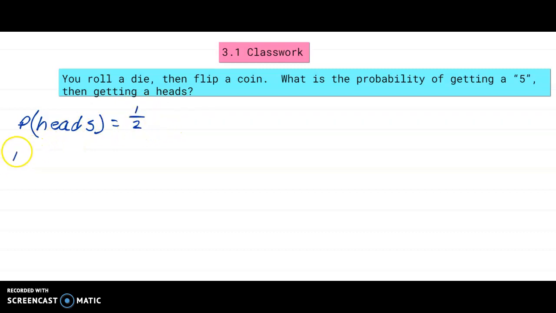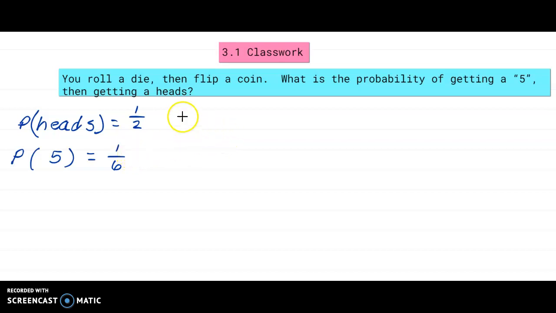Now the probability of rolling a 5, when you roll a die, remember there's 6 sides on a die. You have the numbers 1, 2, 3, 4, 5, and 6. So there's 6 possible outcomes, and the probability of getting a 5 is 1 out of those 6.